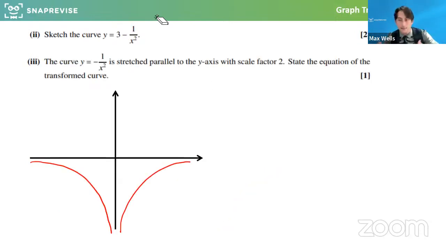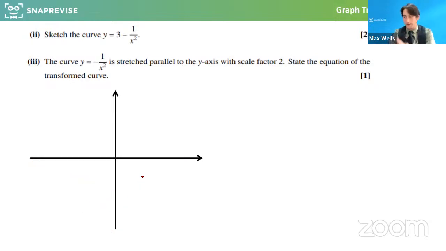We've added a transformation in now to take this graph somewhere else. So 3 minus 1 over x squared, which is the same as minus 1 over x squared plus 3. The plus 3 has happened outside of the function. So this is a translation vertically by 3. So it effectively just moves this graph upwards by 3.